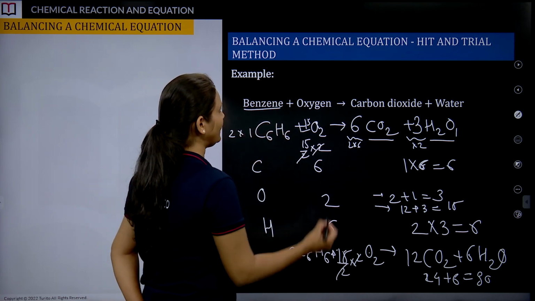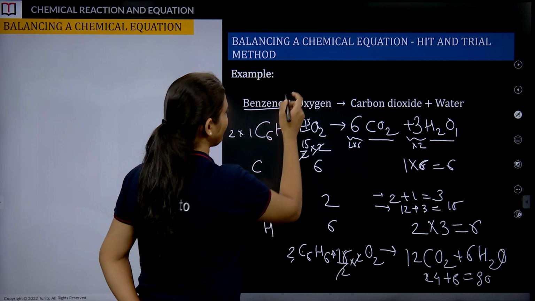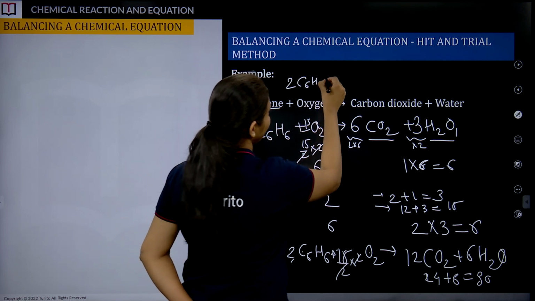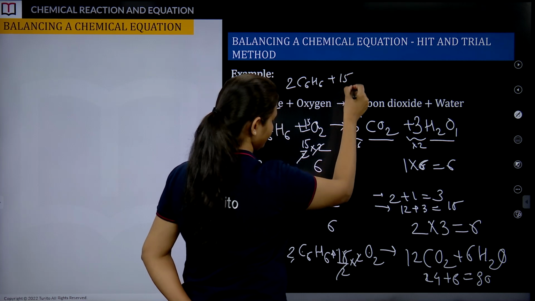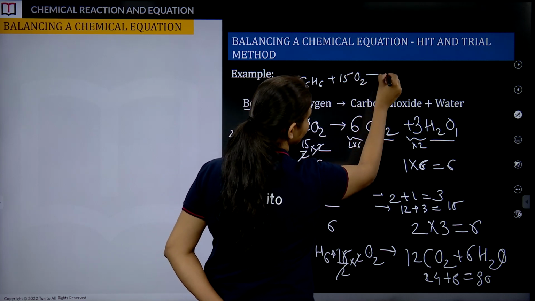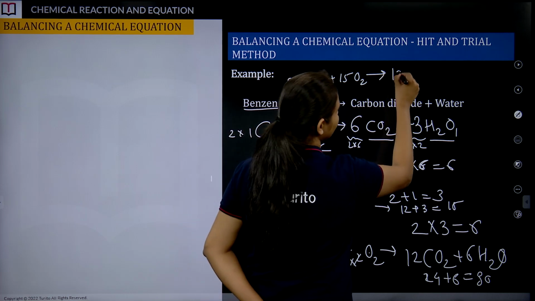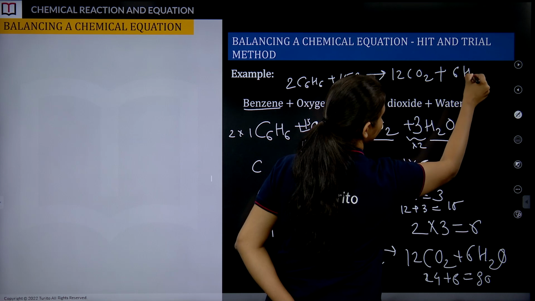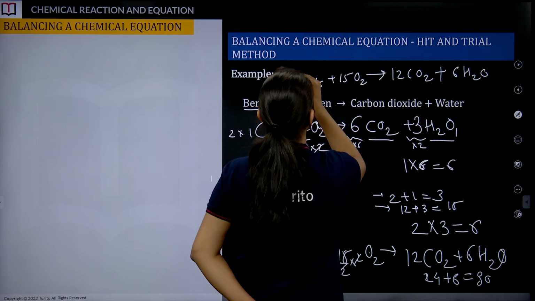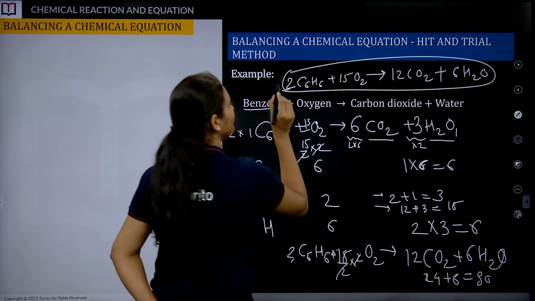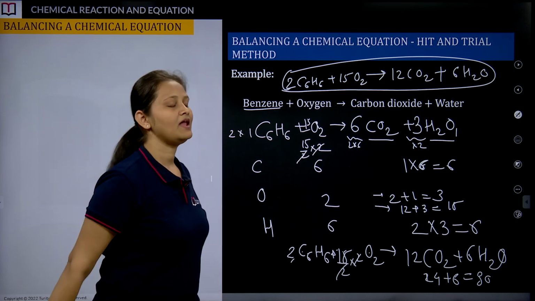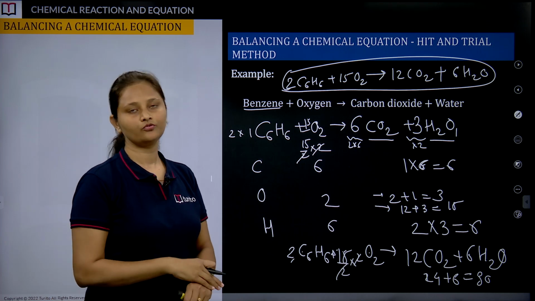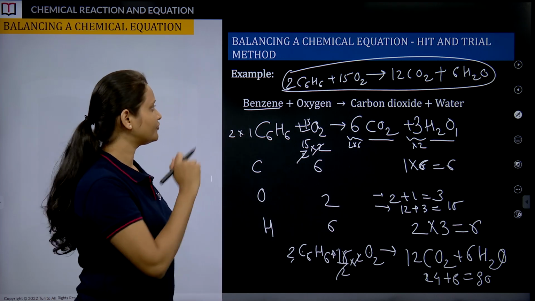So, this is what I would like as my final equation, 2 C6H6 plus 15 O2 giving me 12 CO2 and 6 H2O. That is my final balanced chemical equation for benzene when it is reacting with oxygen. Okay, just cross check it.